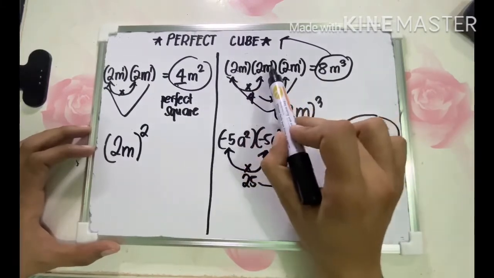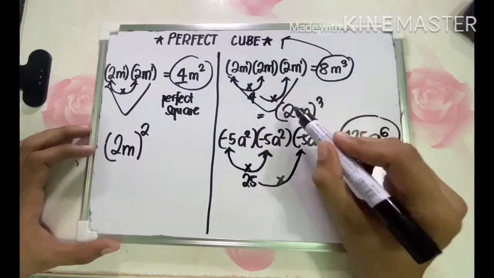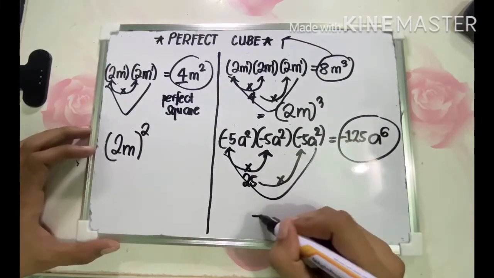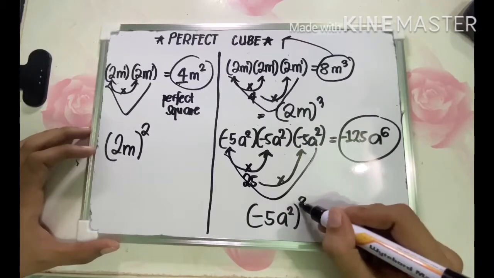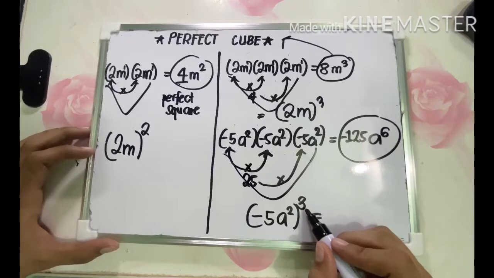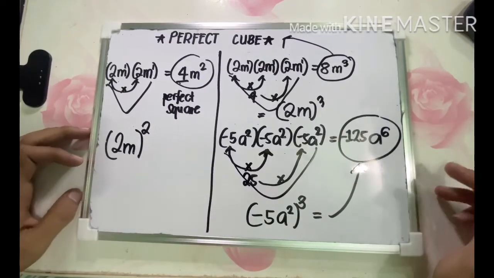So 2m times 2m times 2m is 1, 2, 3. Therefore, this is the quantity of 2m raised to 3. The same with this one. It can be written as the quantity of negative 5a squared raised to 3. And the result is negative 125a raised to 6.